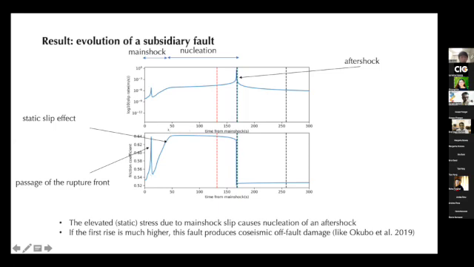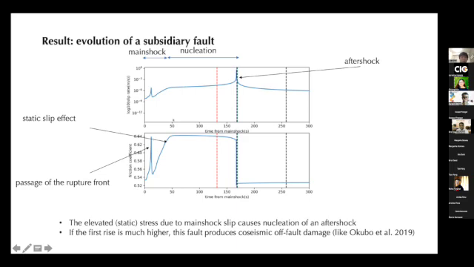During the main shock rupture, there is a sharp increase of stress and also slip rate. This is caused by the passage of the rupture front of the main shock.